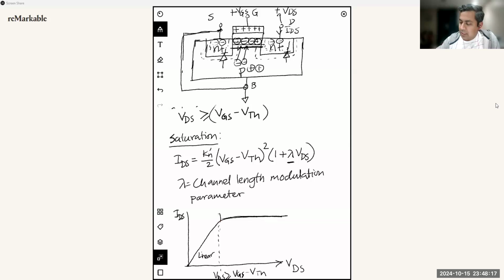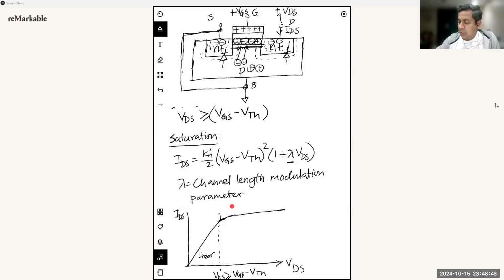But what we are seeing here, due to the channel length modulation, is that this current is going to increase, although at a lower rate, with a slightly smaller slope. And that is going to replace this part of the curve. So even in saturation, the current is not going to stay constant. It's going to increase with a slight slope.